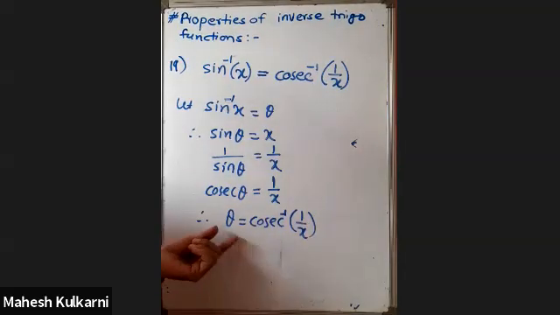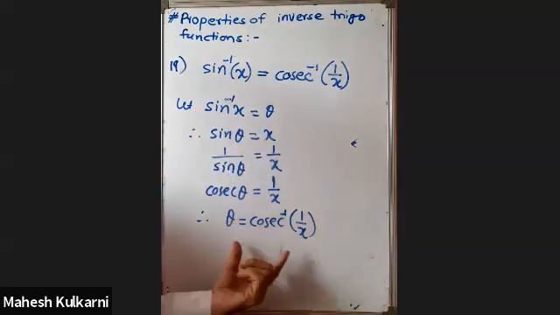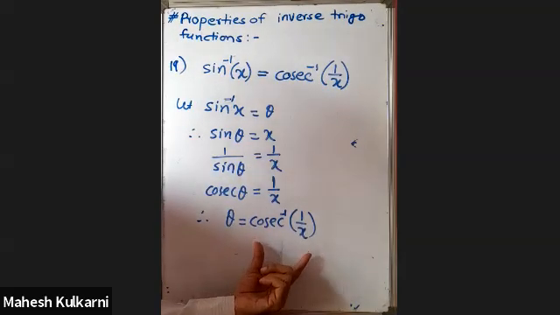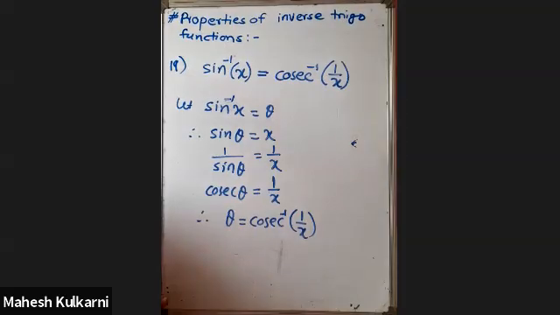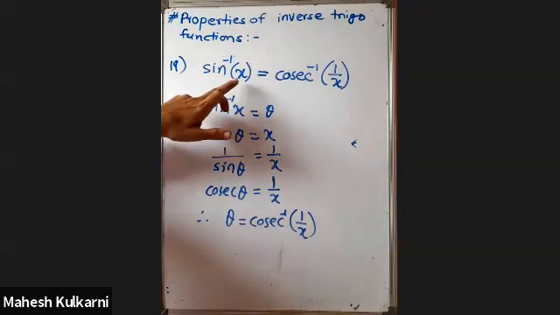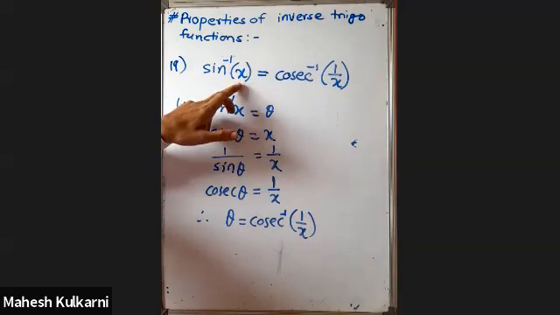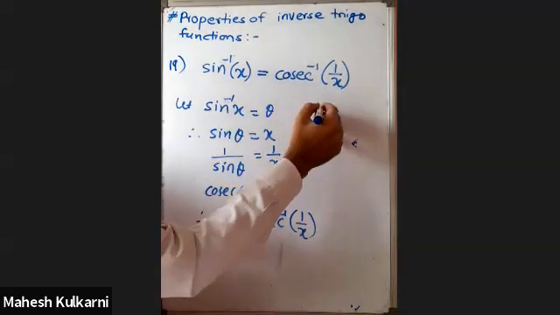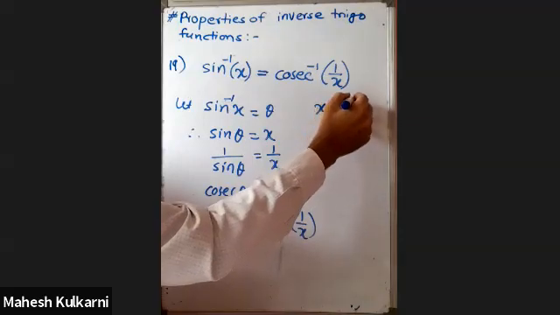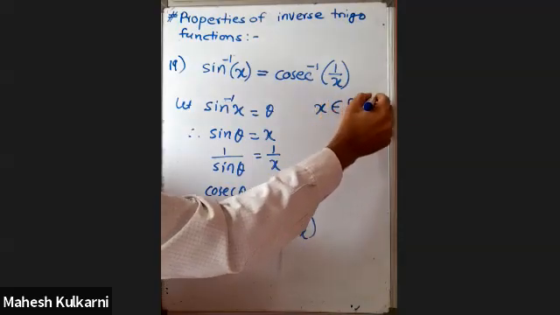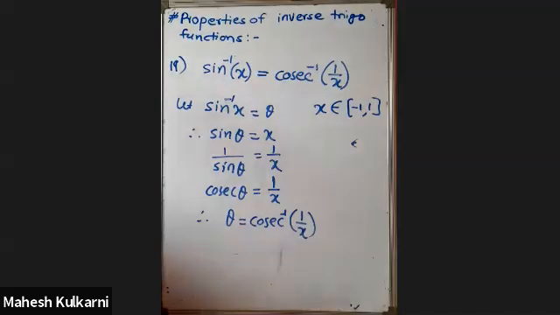So theta means sin inverse x, so sin inverse x is equal to cosec inverse of 1 upon x. Now since it is sin inverse of x on the LHS, what about this x? Remember this, x belongs to the interval minus 1 to 1.